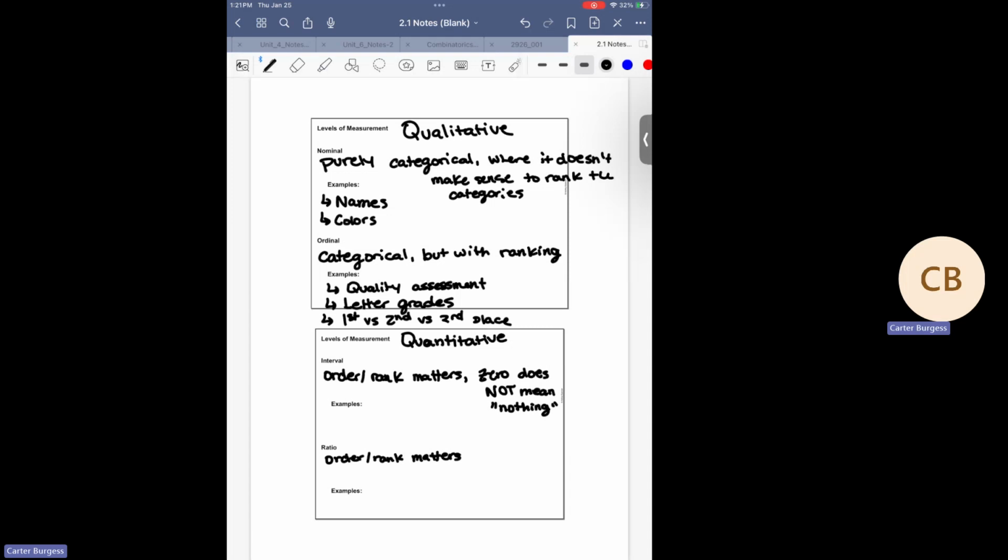In that case, does 0 degrees mean that we have no temperature? No. It's just an arbitrary benchmark for a particular temperature, and it can convert into something else. Likewise, does 0 degrees Celsius mean that we have no temperature?